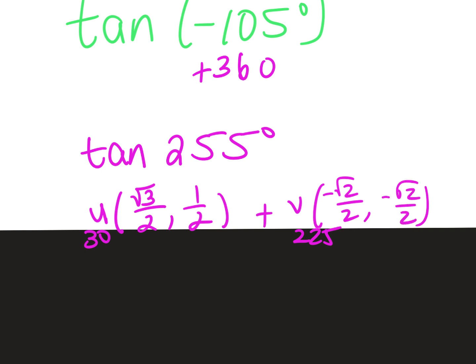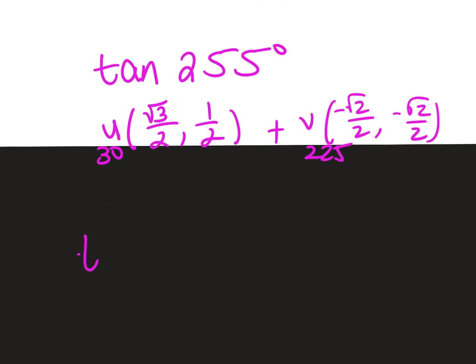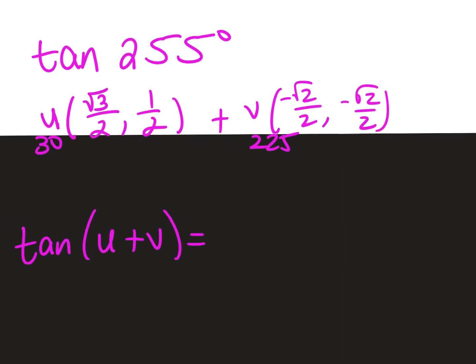Okay, so which formula, look at your formula sheet, which formula you're going to use since we're adding? Tangent of what? U plus V. So tell me, read the formula to me. If I'm adding tangent U plus V, what does it say? Say it again.